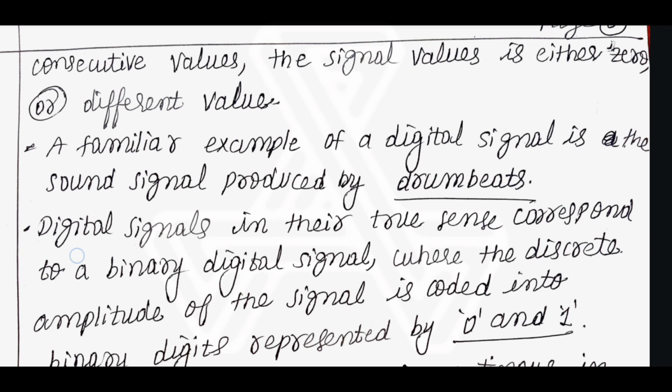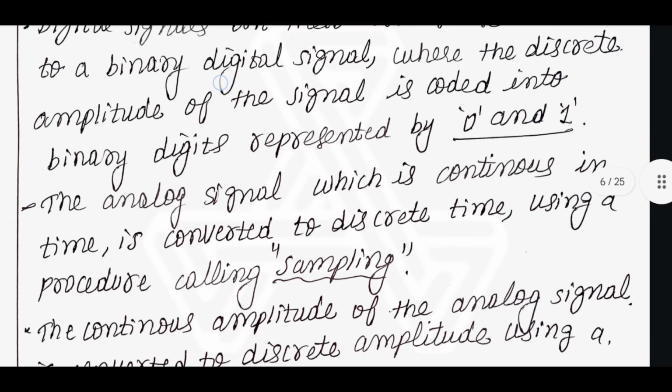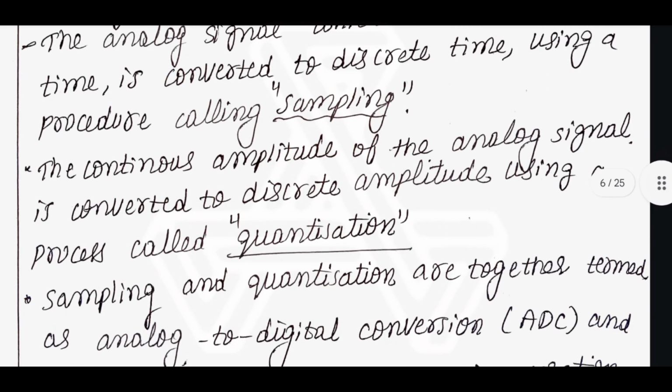Digital signals in their true sense correspond to a binary digital signal where the discrete amplitude of the signal is coded into binary digits represented by 0 and 1. The analog signal, which is continuous in time, is converted to discrete time using a procedure called sampling.